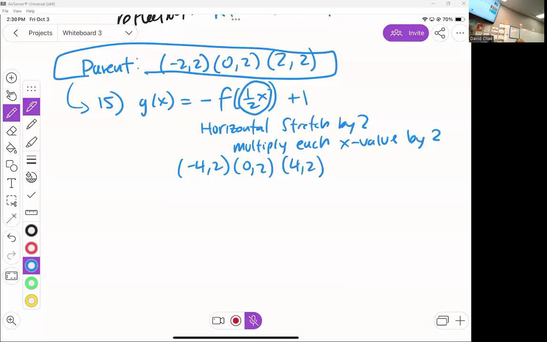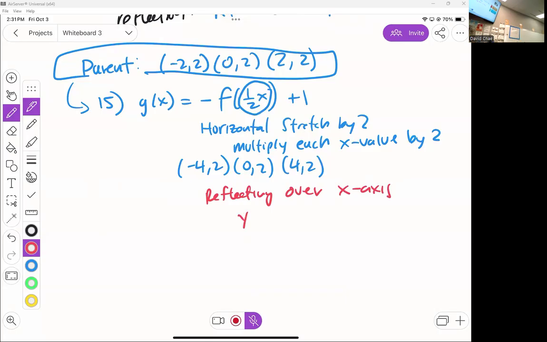All right. So that's this part right there, right? What's next? What's the next order? We have to do the reflecting, right? So the reflecting is what? What are we reflecting over? Over the x-axis. So we reflect over the x-axis, what happens?